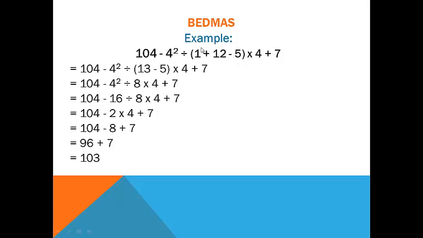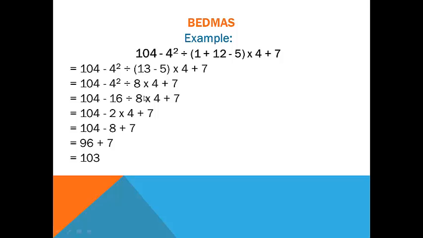So right off the bat, we can see that there's brackets here. So I'm going to compute the brackets first. So I have now the 1 plus the 12 is the 13 here. I'm going to keep the minus 5. And then for my second step, I still need to finish off the brackets. So I'm going to do 13 minus 5, and I get the 8 here.